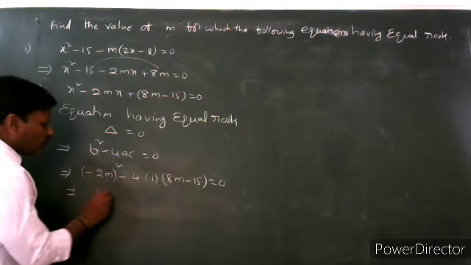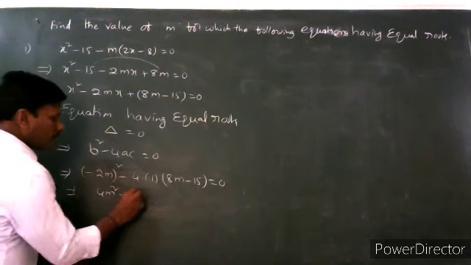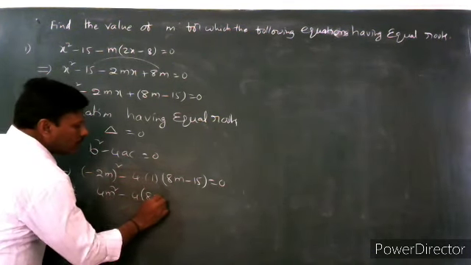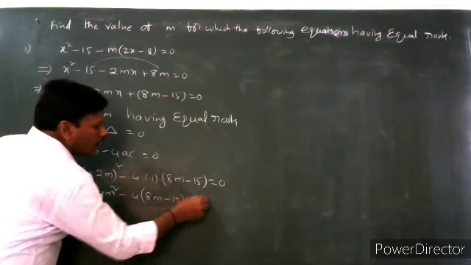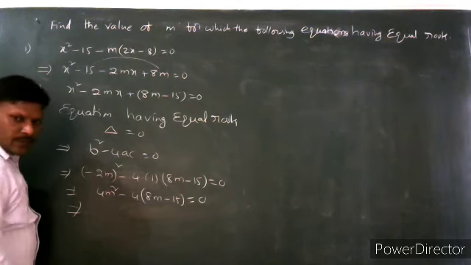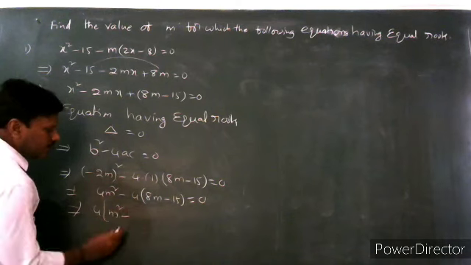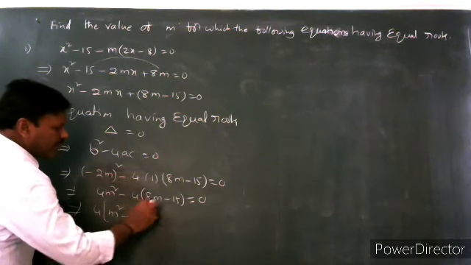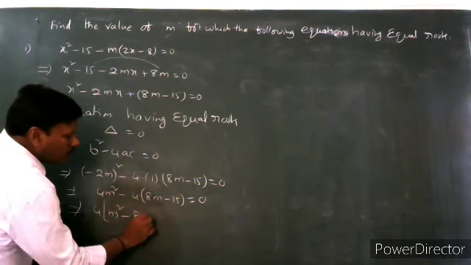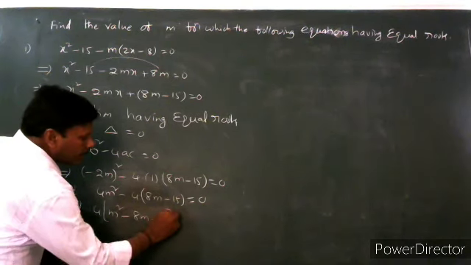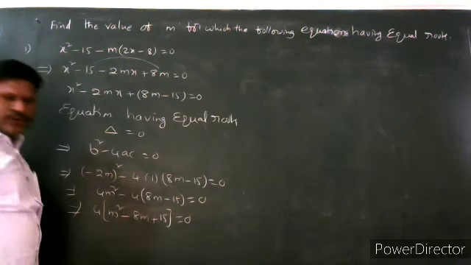That implies 4m square minus 4 into 8m minus 15 is equal to 0. When 4 is taken as common, m square minus, multiplying with minus both terms, minus 8m plus 15 is equal to 0.